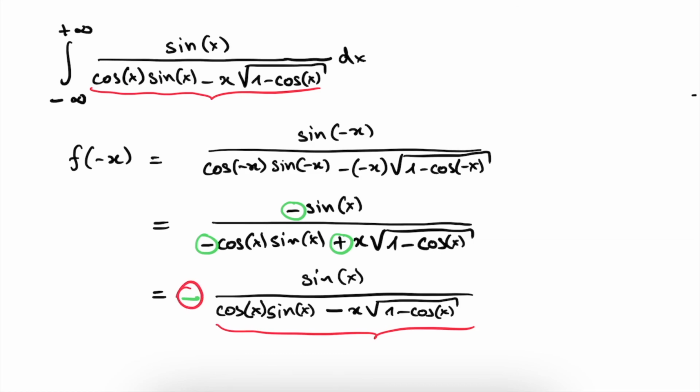However, now we have a minus sign in front of it. So we know that this is equal to minus f of x, which makes it a manifestly odd function. And because this is an odd function, we know that this integral will be 0. So we know now that if we integrate from minus infinity to plus infinity, this very complicated function is simply equal to 0 without doing any integration at all.